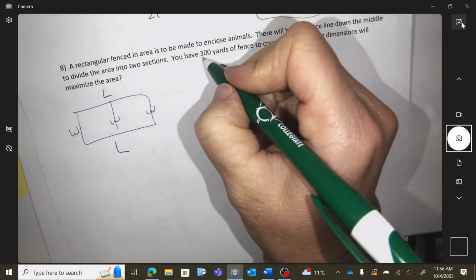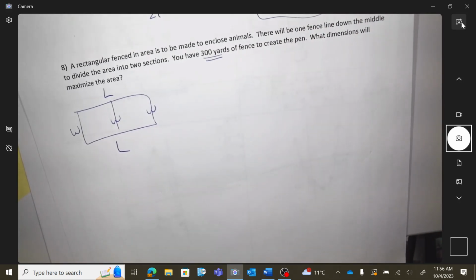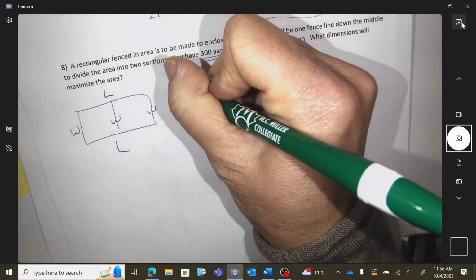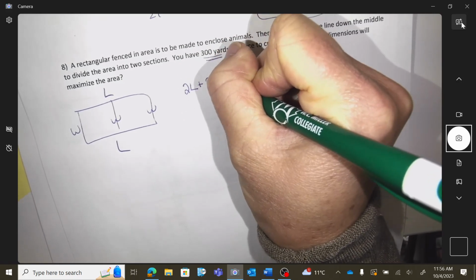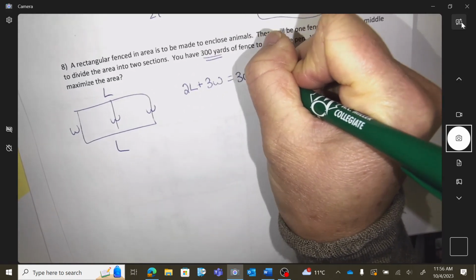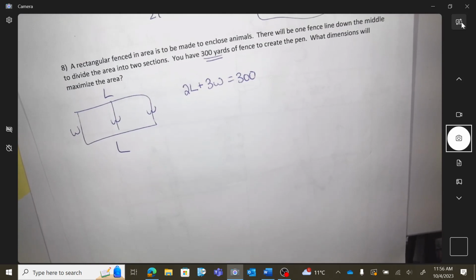And I have 300 yards of fencing to put all along that. So if I have 2 of those lengths plus 3 of those widths, I'm going to make 300 yards of fence.